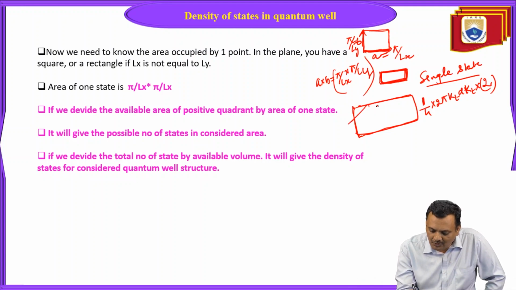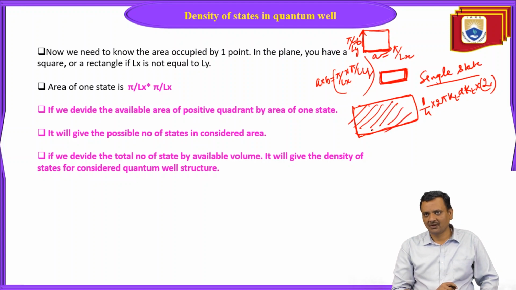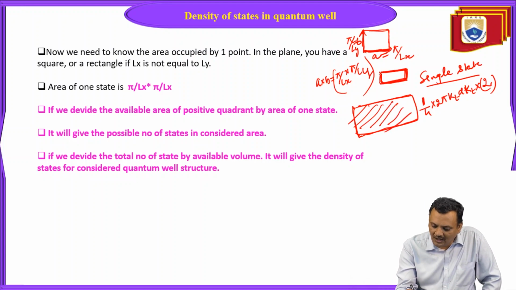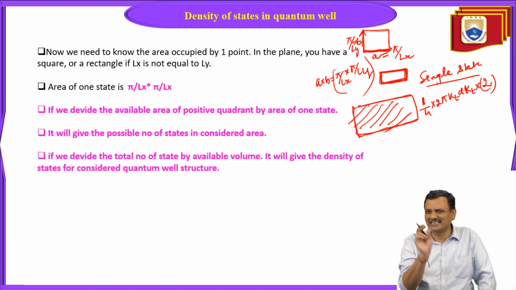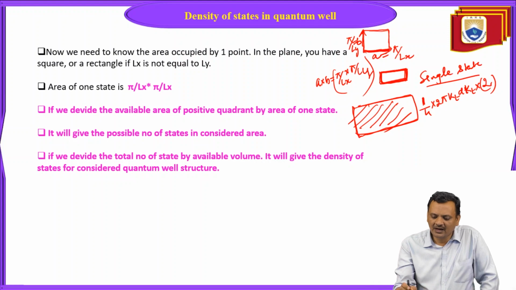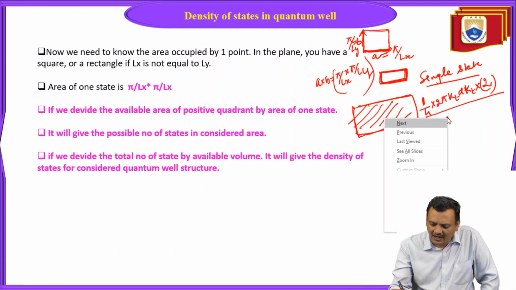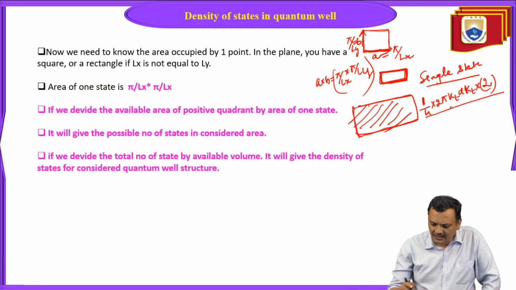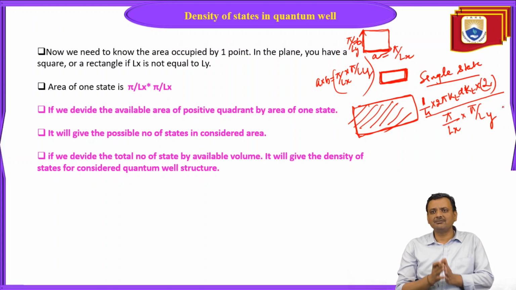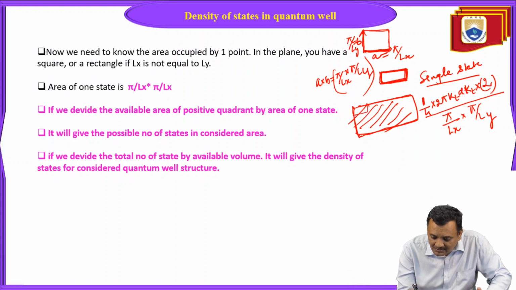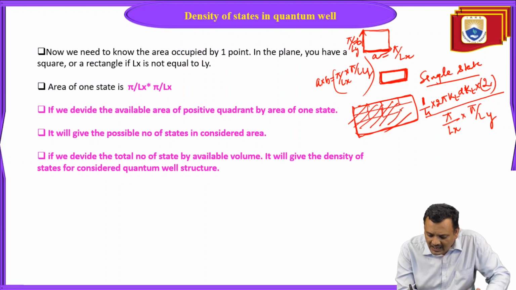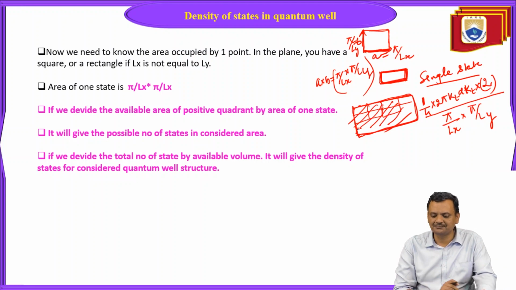So suppose I know the total available area. Now I also know the area of one single state. If we divide the total available area by the area of one state, pi upon Lx multiplied by pi upon Ly, it will give the total number of states available in this considered region.